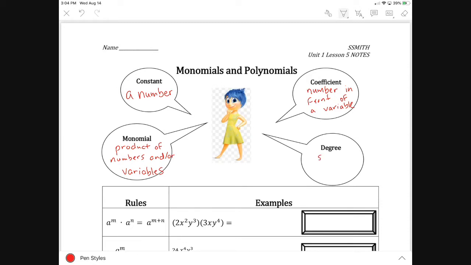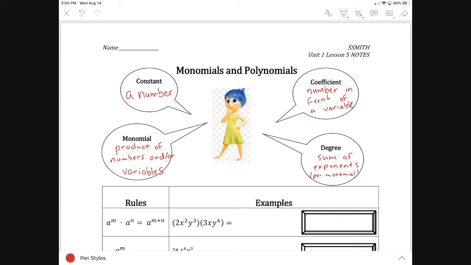So our degree is usually going to be up at the top. It's going to be the exponent. You can actually add those exponents together, so the sum of the exponents is going to be your degree.